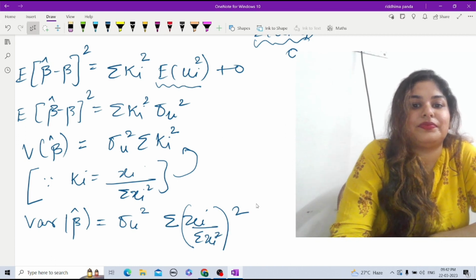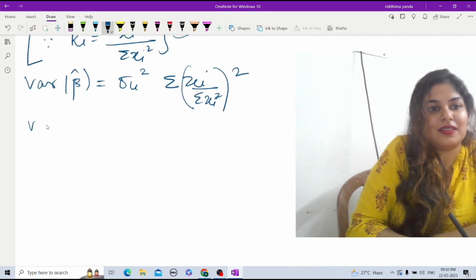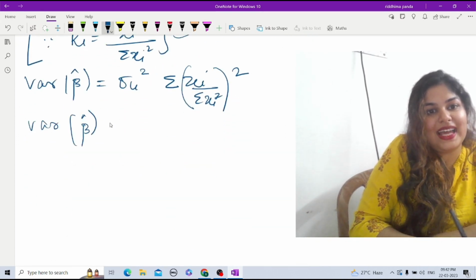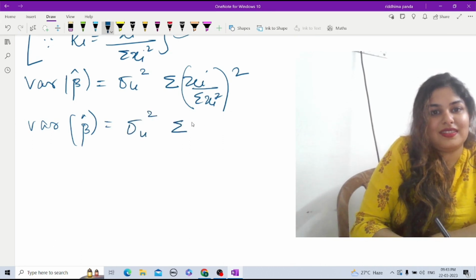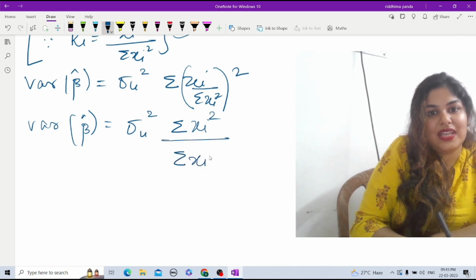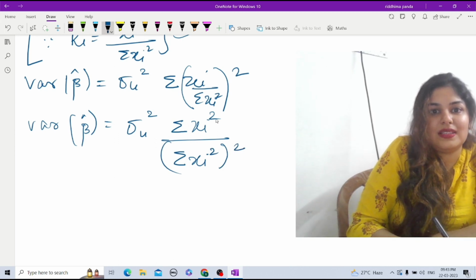So that means variance of beta hat is equal to sigma u square summation xi square by summation xi square whole square, right? That means I can cancel this and this term.